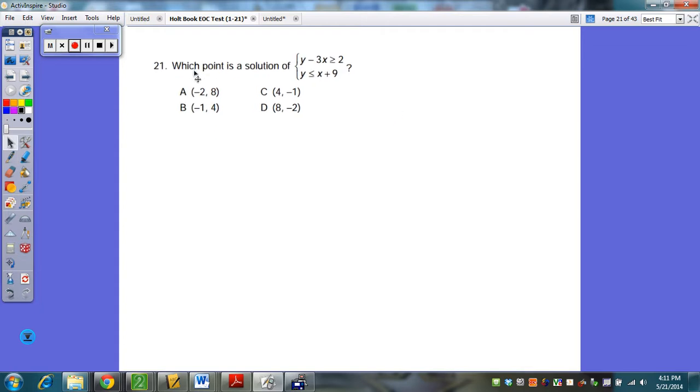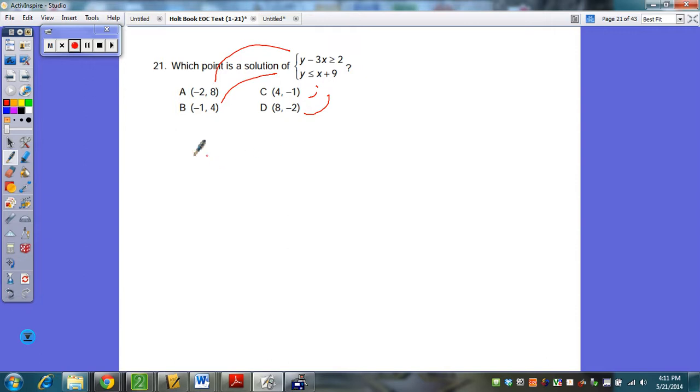All right? For these right here, which point is a solution of this system of inequalities? All we need to do is just plug in these points for each one of these systems. Okay?